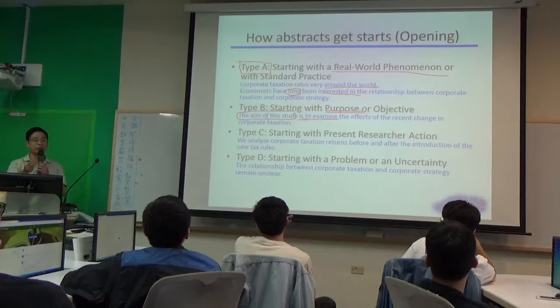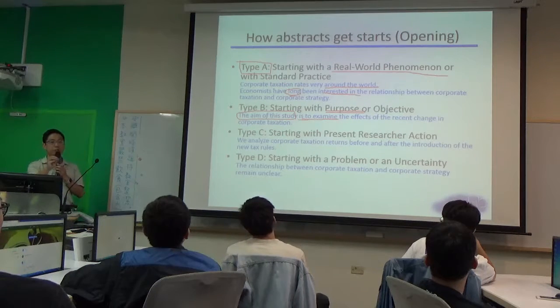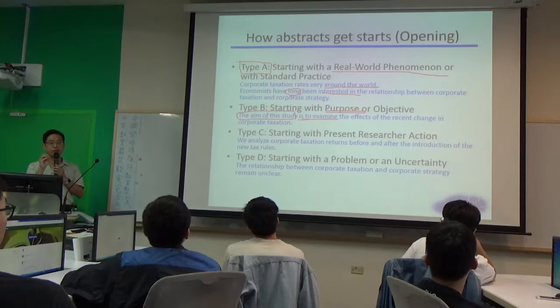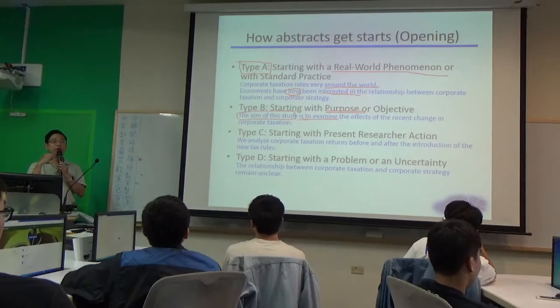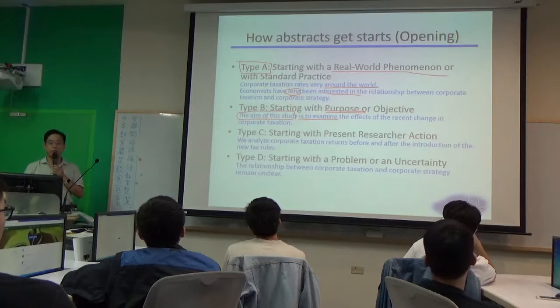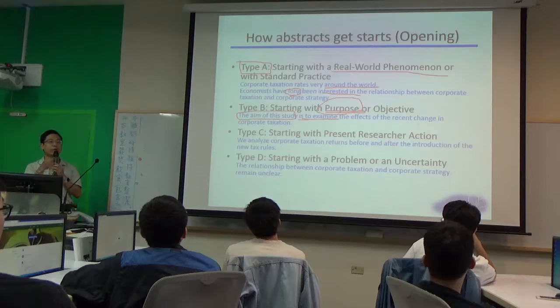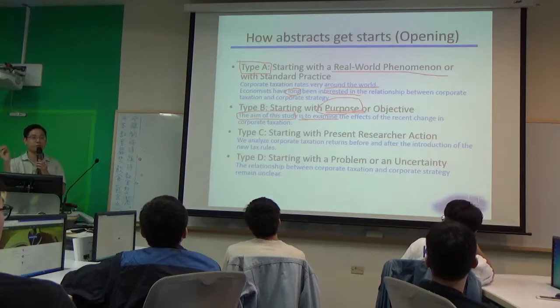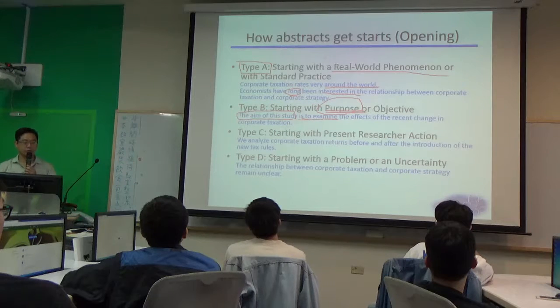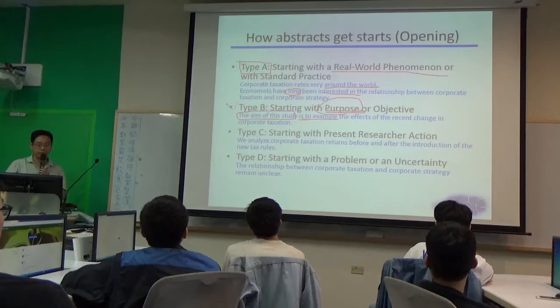What we are going to do is to solve some problem. What we are doing here is to collect some data and analyze something. The purpose, why you are writing this paper, is to solve some problem or problems. Okay, so this is type B.